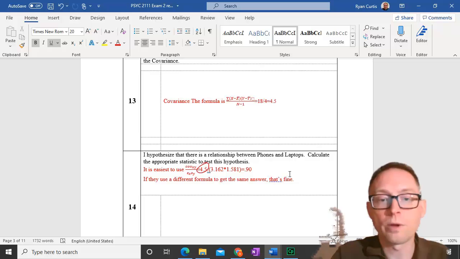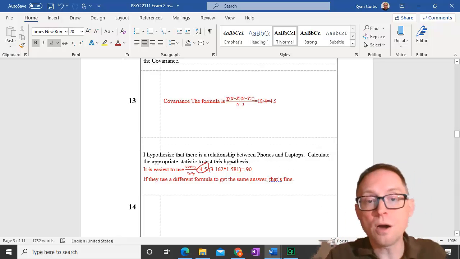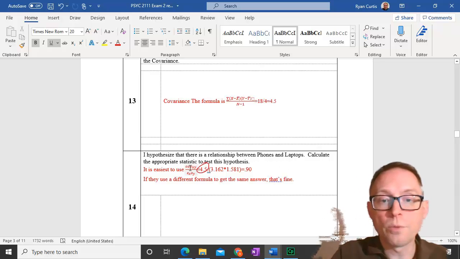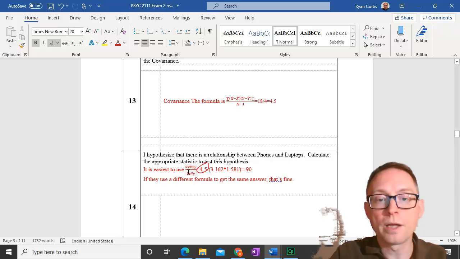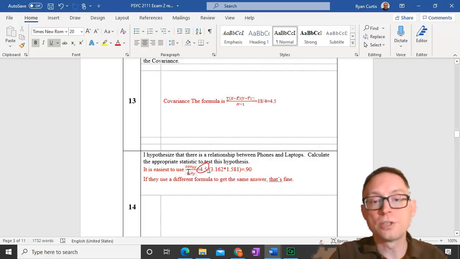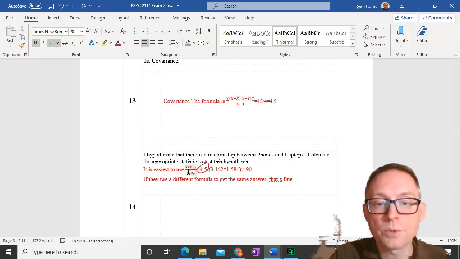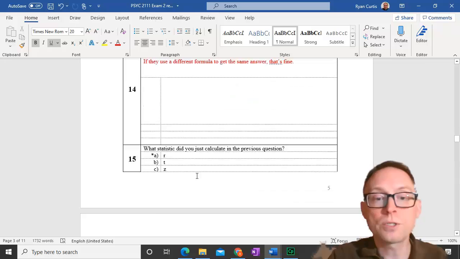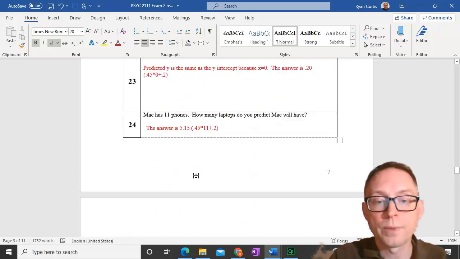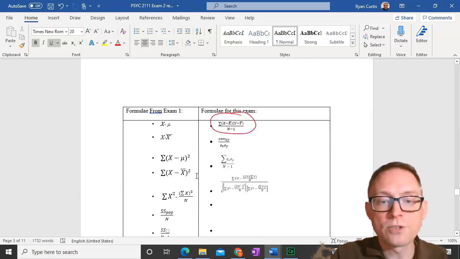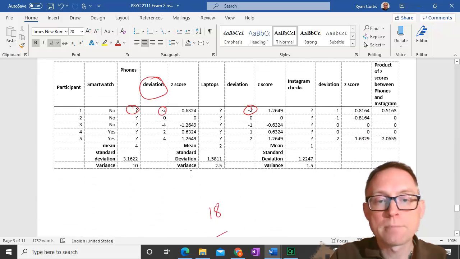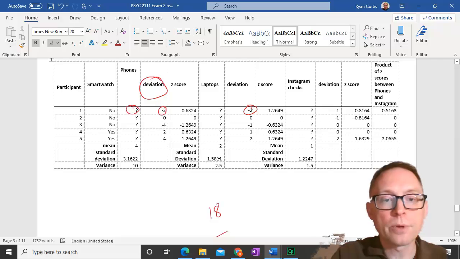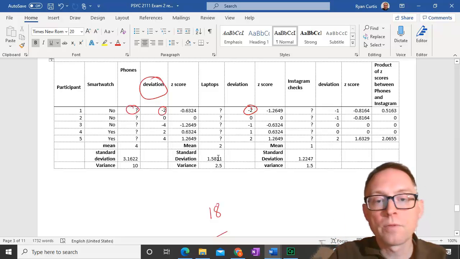Now, to find Pearson's R, you can use whatever you want, but the easiest one is probably covariance divided by the product of standard deviations. Since we already calculated the covariance of 4.5, we take the standard deviation of phones times the standard deviation of laptops. The standard deviation of phones is 3.1622. The standard deviation of laptops is 1.5811.